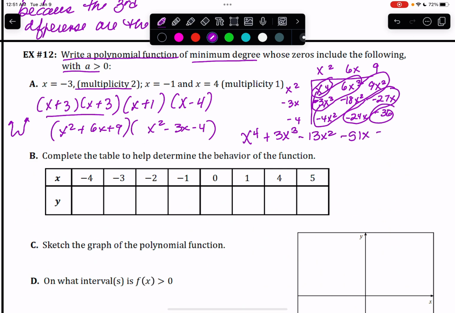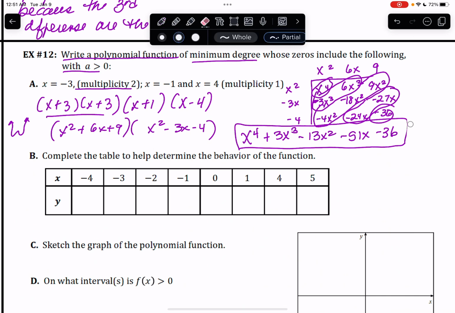And then lastly, minus 36. So there I have my 4th degree polynomial written out. Let's make it a function, so let's say that equals f of x. Now it says complete the table to help determine the behavior of the function. So now this is saying, if I put in negative 4, what would I get? If I put in negative 3, what would I get, etc.